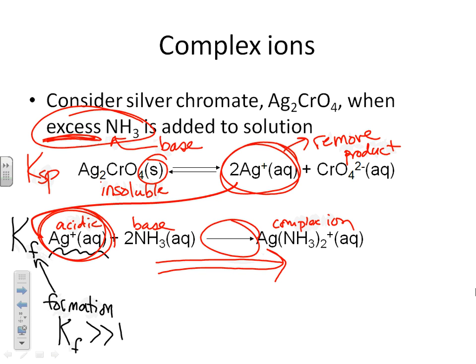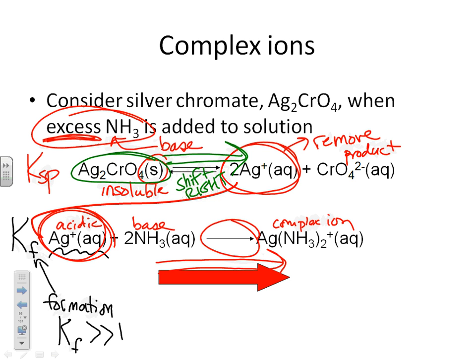You're removing that product. That causes a massive shift to the right in this first reaction, which then increases the solubility of the Ag2CrO4 solid. You're causing it to dissolve. You're making it dissolve way more than it did in the past.